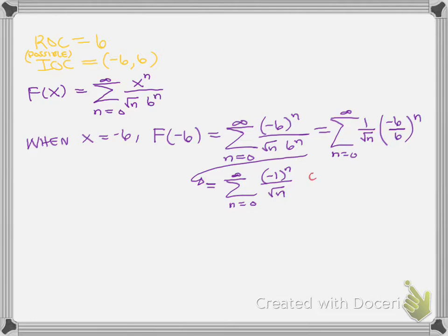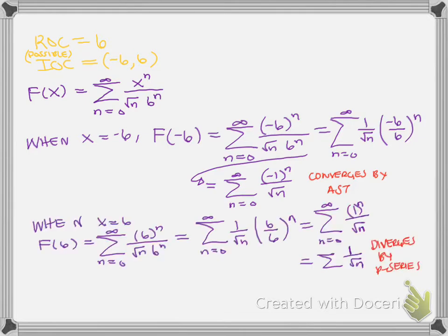So now you might have to think about it for a minute, but this will converge by the alternating series test, which I call AST. So this will converge by the AST. That means we need to include negative 6 in our interval of convergence. Let's try it for positive 6. Okay, so when you evaluate it at 6, then this is what your setup will look like.